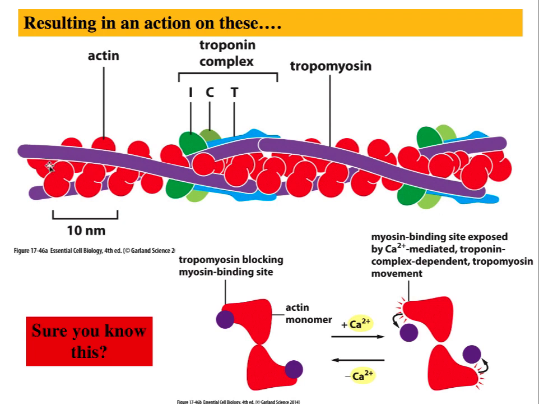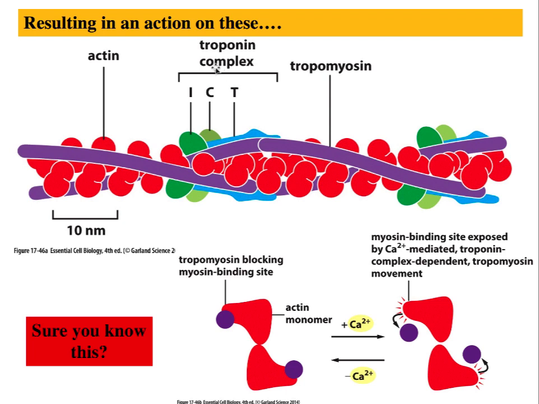It really involves the movement of three types of proteins. So in red, we have the actin filaments, the ones that are attached to the Z lines. And coating their surface are two other types of protein filament. The first type is tropomyosin, which mechanically blocks the heads of the actin so that the myosin cannot make contact with its binding site.